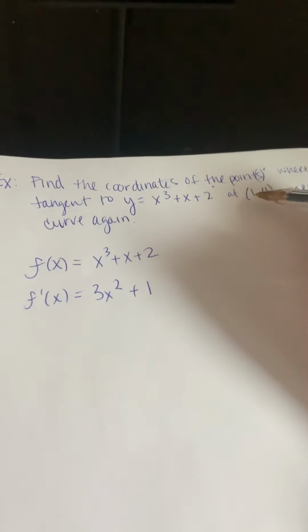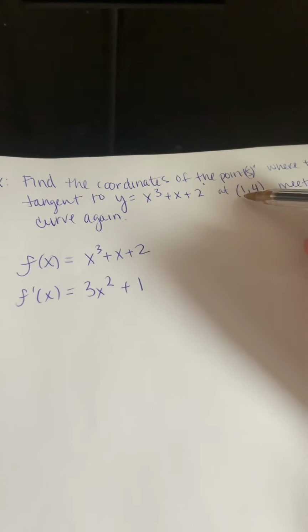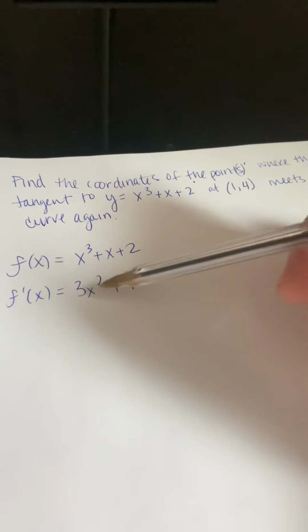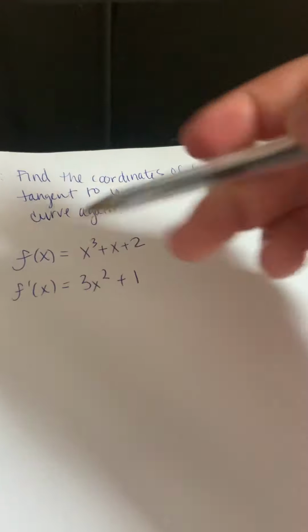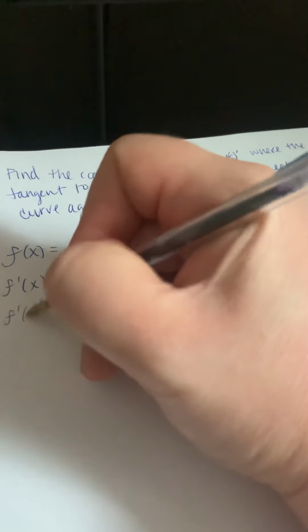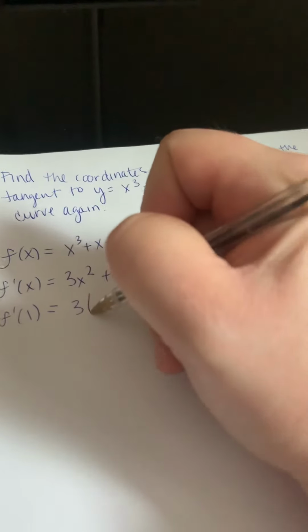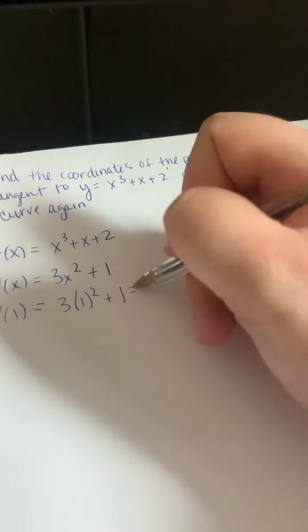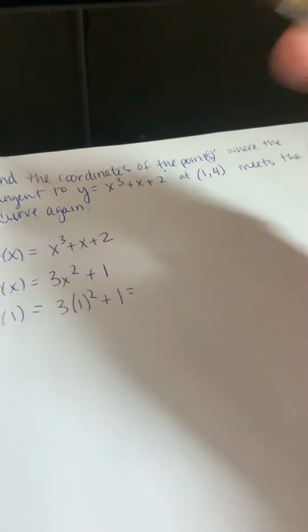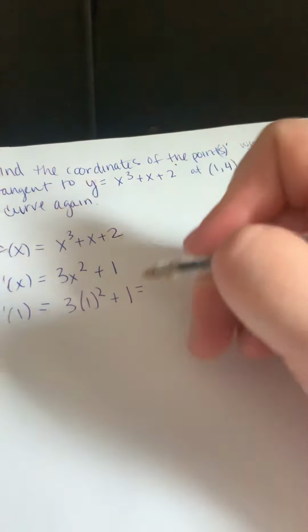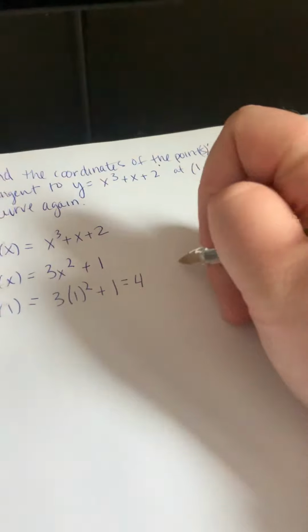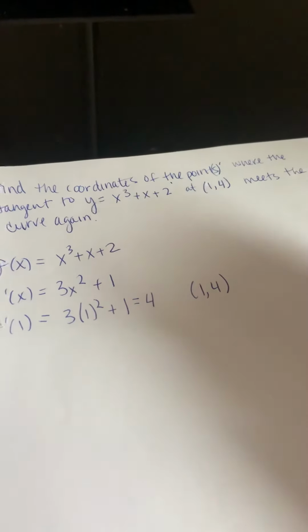So we're going to say f prime of 1 is 3 times 1 squared plus 1, which is the same thing as saying 3 times 1, I'm sorry, 3 plus 1 is 4. So we already knew that 1, 4 was our point.